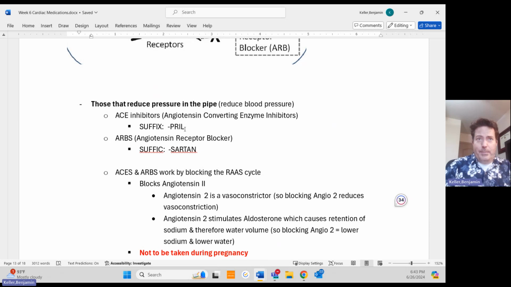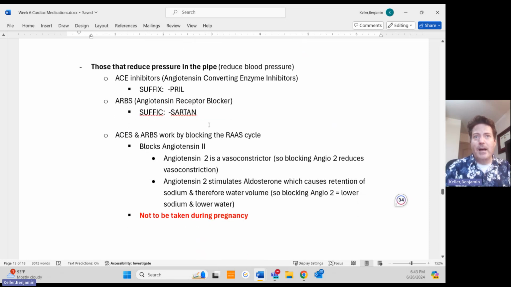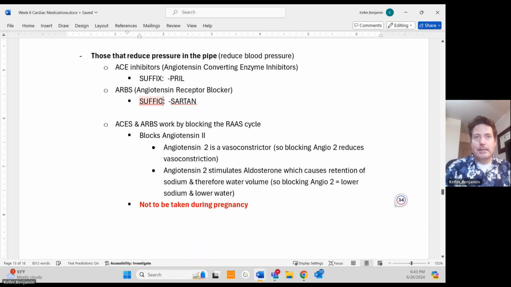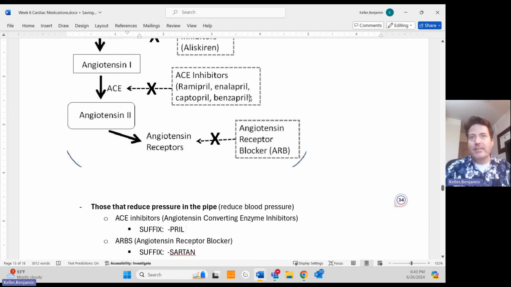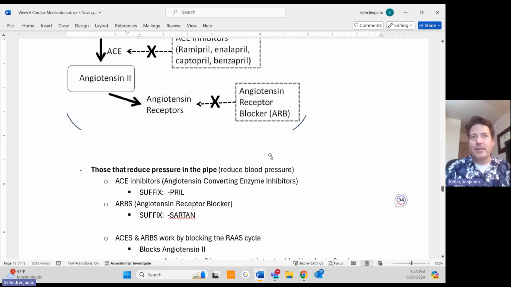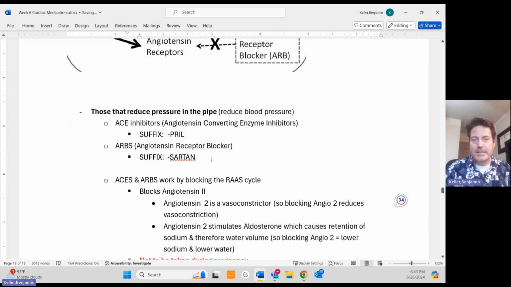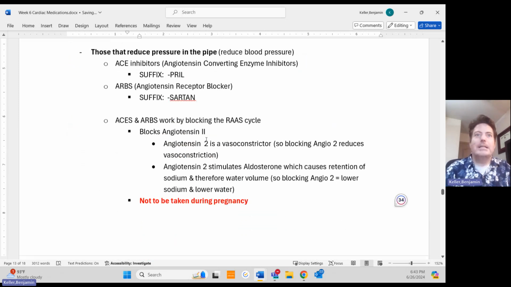And so let's take a look at them a little bit. ACE inhibitors end in pril. ARBs end in sartan. So this would be like enalapril, captopril, benazepril, those are ACE inhibitors. Angiotensin receptor blockers end in sartan, like losartan and valsartan.